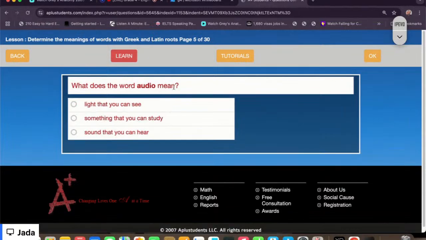So, what does the word audio mean? Lights that you can see, something that you can study, sound that you can hear.